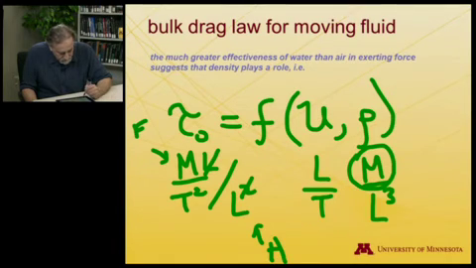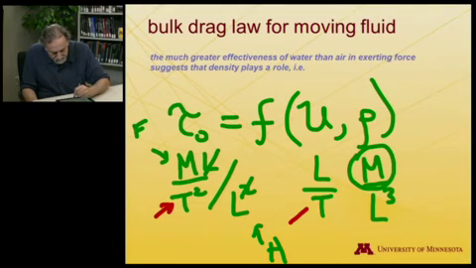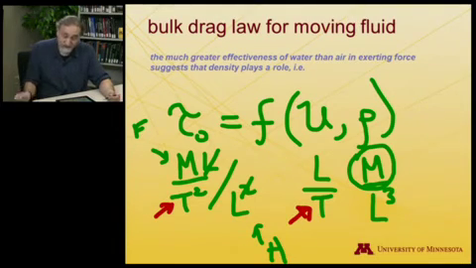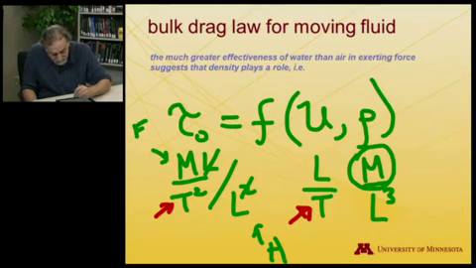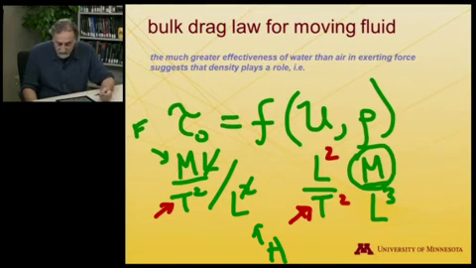And we also have, I'll change color here, on the left we have time, but we have time to the second power, and on the right, in our velocity, we only have time to the first power. So that suggests that the balance might involve the square of the velocity to get the time units to balance. And actually, if you just square this, you'll see that the length works out just right, so that's pretty convenient.